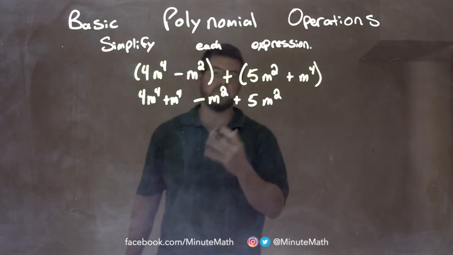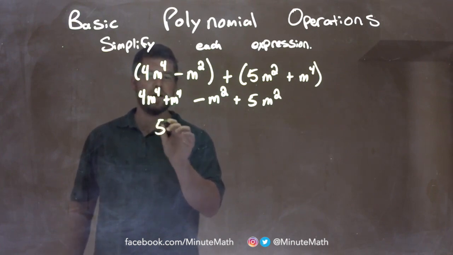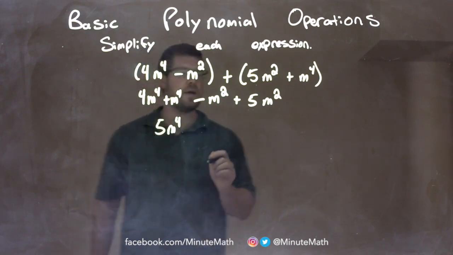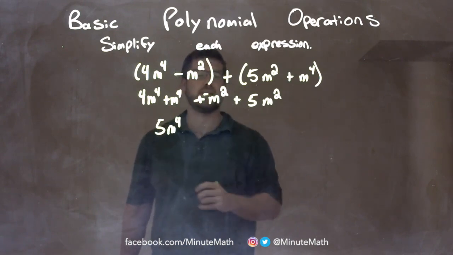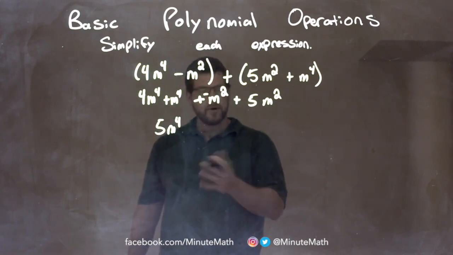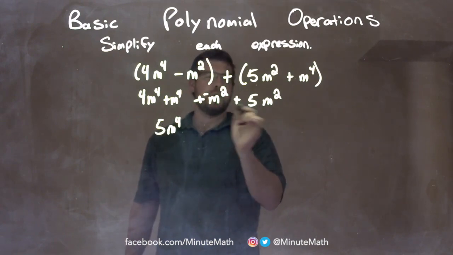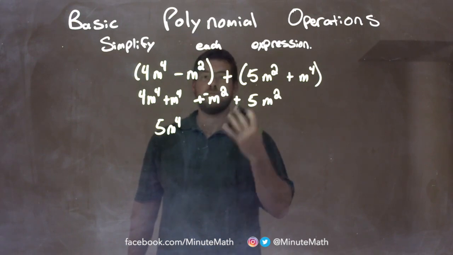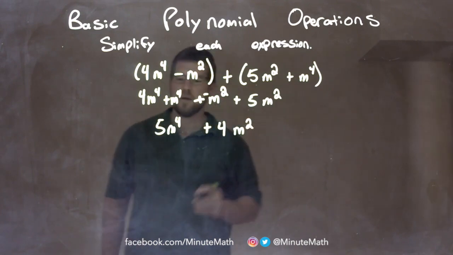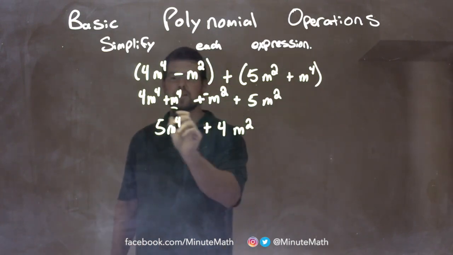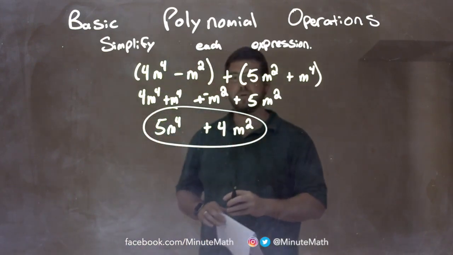Now we can simplify and combine them. 4m to the 4th plus 1m to the 4th is 5m to the 4th. Then we have a negative m squared, and I like to see this as plus and negative, so subtracting m squared, we're adding a negative. That's the way I like to see it. Well, negative m squared plus 5m squared is a positive 4m squared. So we have plus 4m squared right there. And there we have our final answer, 5m to the 4th power plus 4m squared.